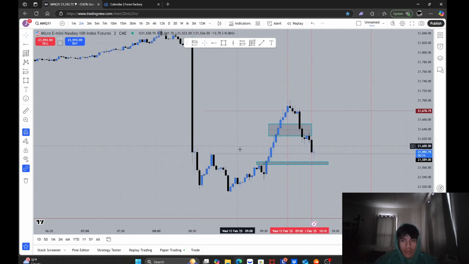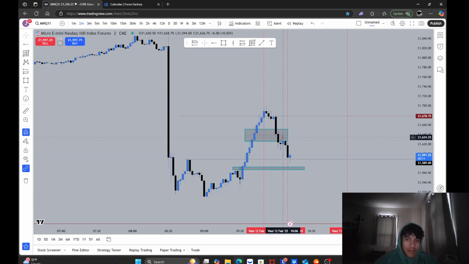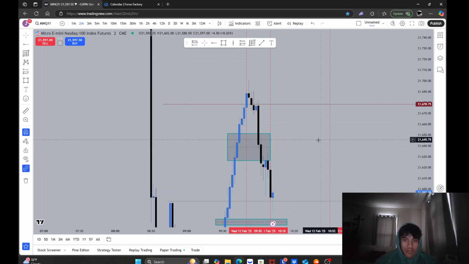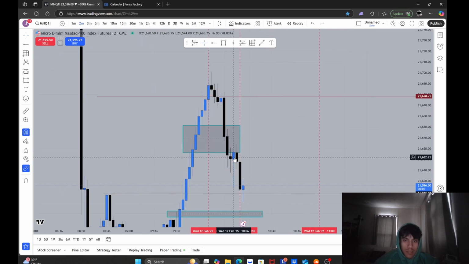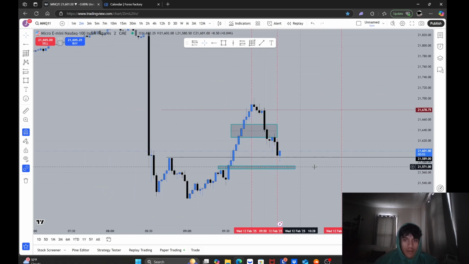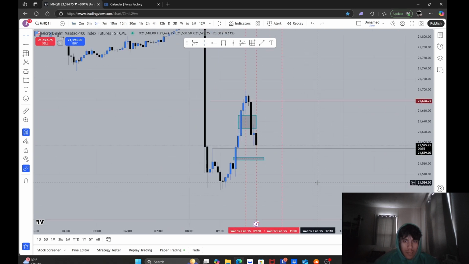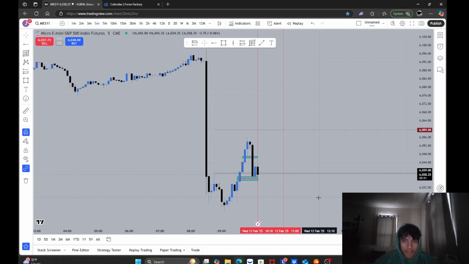Even if I wanted to enter here, there was no entry besides this. Like, it came back into this imbalance, but I'm not entering off of that. See what happens though.